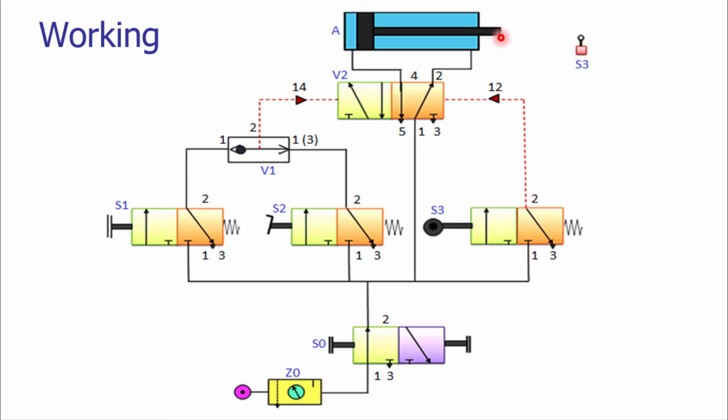When the piston rod is getting ramp on the roller, that roller lever valve will be actuated. As you can see here, the roller lever valve will be actuated.